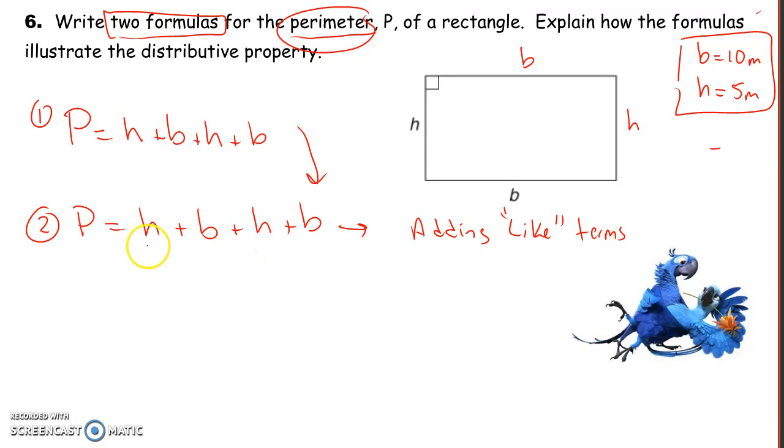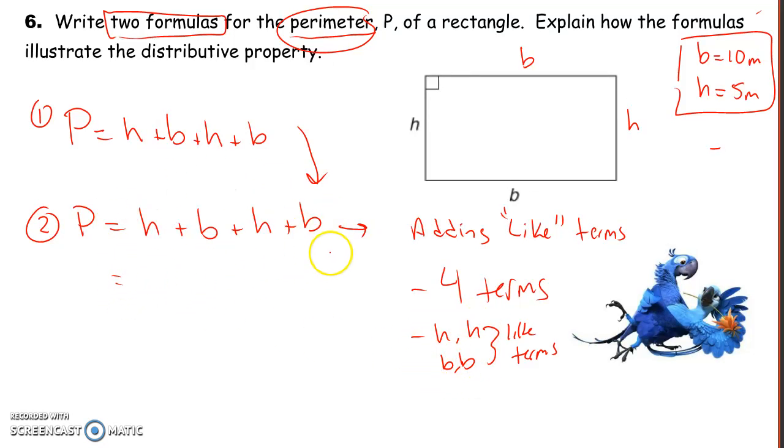So in this case, we have 1, 2, 3, 4 four terms here in this expression, or this equation, sorry. If we look for terms that are related to each other, or terms that are like each other, we can see that we have an H and an H and a B and a B. These are like terms. So the H and the H are like, and the B and the B are like.